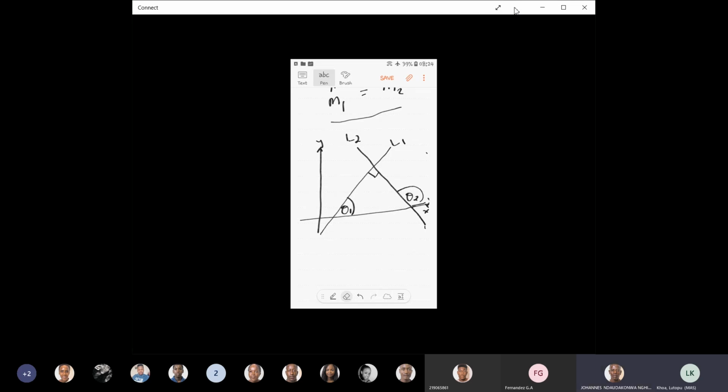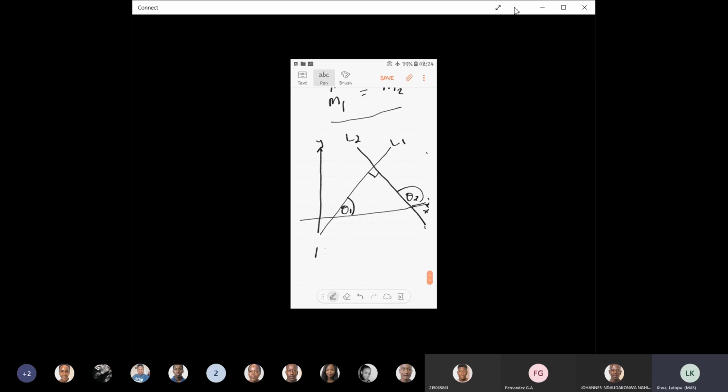Okay, and we also know that all the angles inside the triangle should add up to 180 degrees. So this angle over here, if I wanted to work it out, I would just say 180 minus 90 minus theta 1.